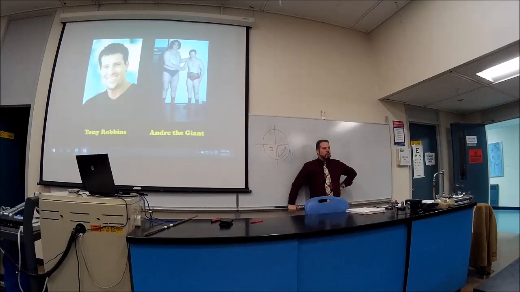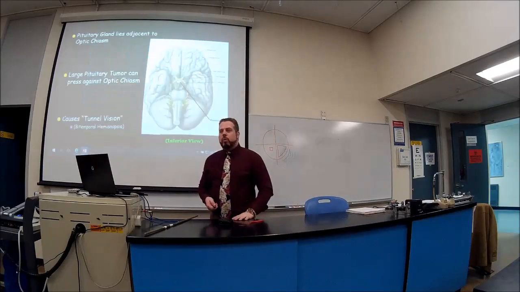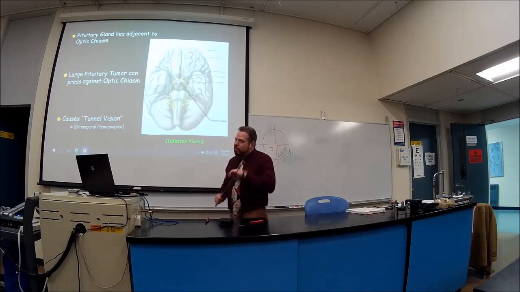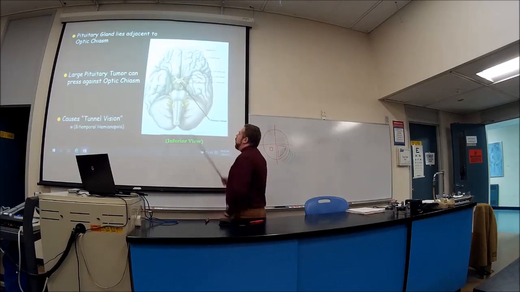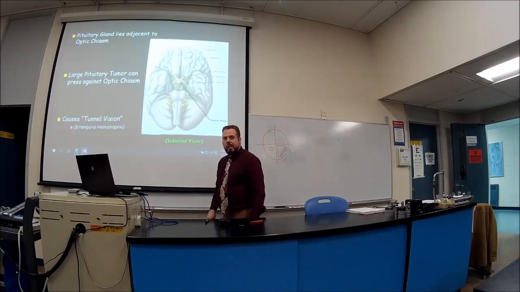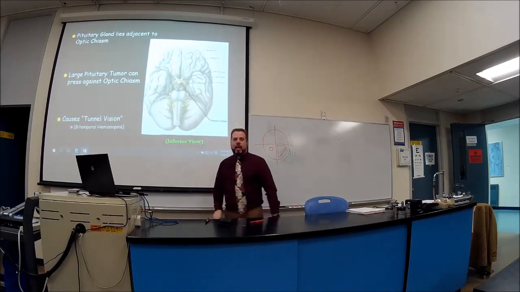Okay. Other questions? Good question. So that's if you have too much growth hormone. Now the other thing I just want to mention, going back to AP1, there's the optic chiasm at the bottom of the brain, and the optic tracts lead up to the eyes. Here's the pituitary gland that sits right next to the optic chiasm.